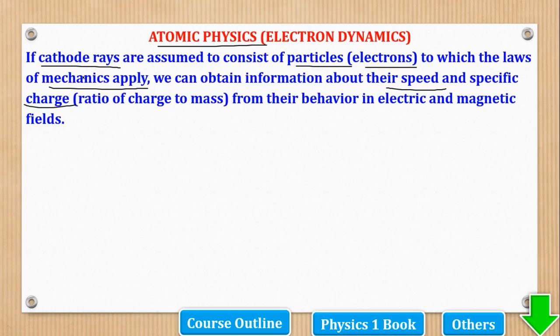So atomic physics mainly concentrates on the speed of an electron and also the specific charge of an electron. Specific charge is simply the ratio of charge to mass. So if you know the charge and you divide it by the mass, then you will have the specific charge. These are the 2 main areas we shall concentrate on under atomic physics.